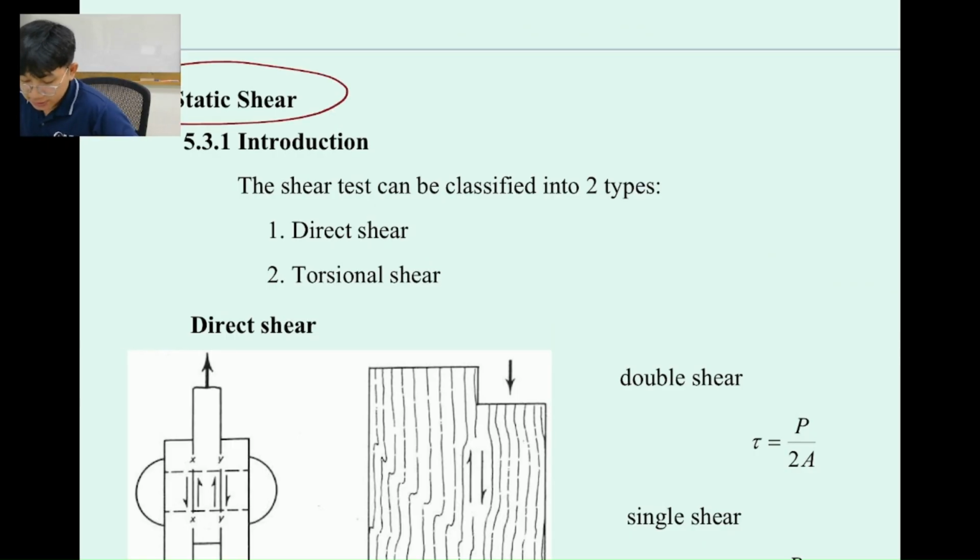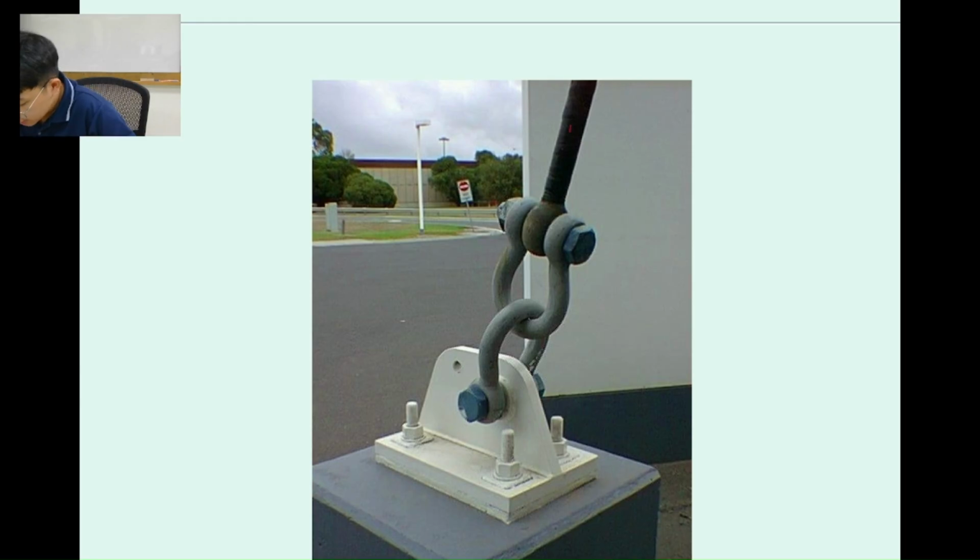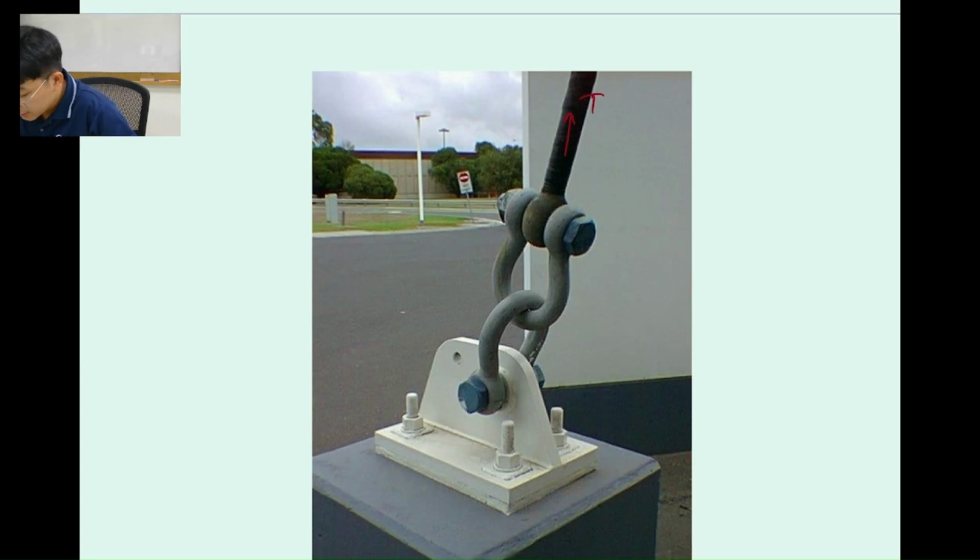5.3 is static shear. So the static shear over here we consider is, for example, from this image, we have this one as the tie rod. Okay, so this one is the tie rod, and then we try to pull this bolt, which we can draw the free body diagram of the bolt over here as this.